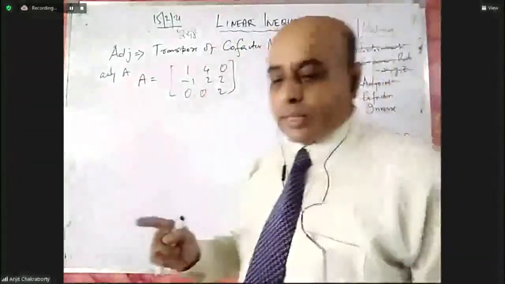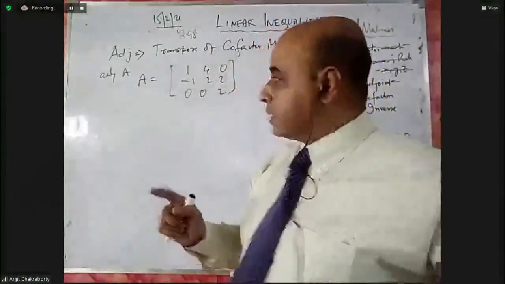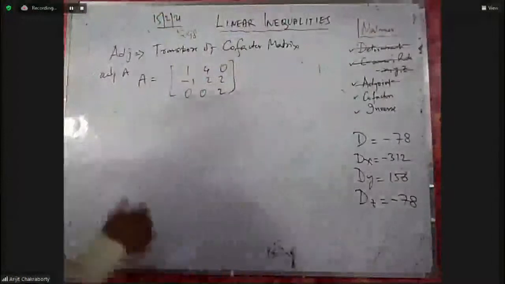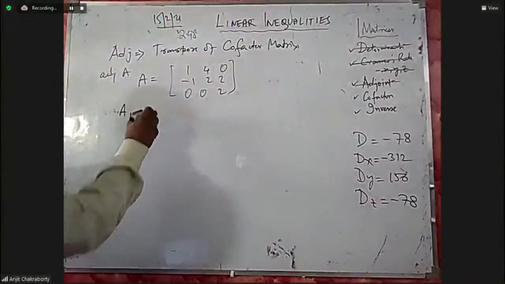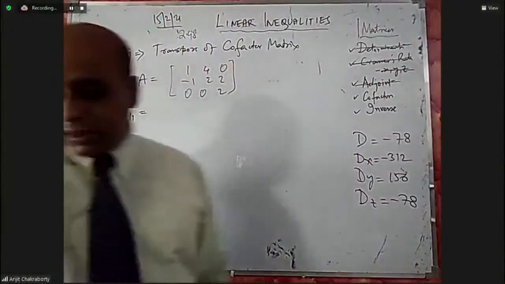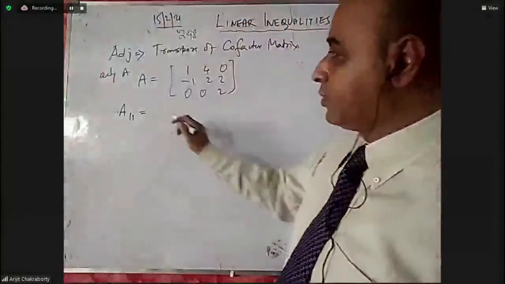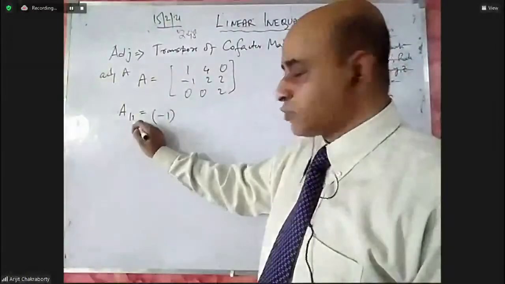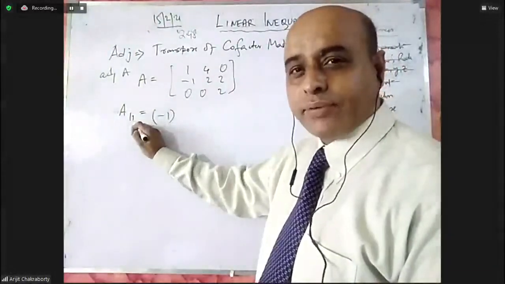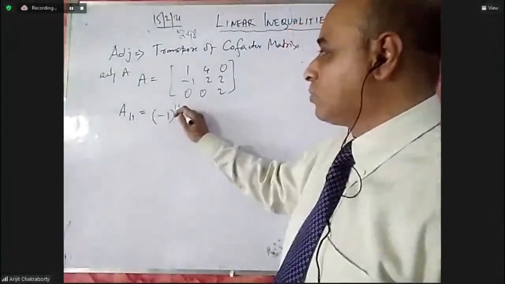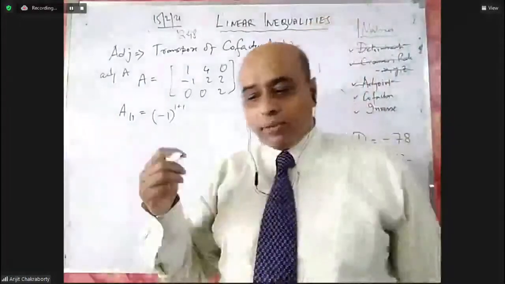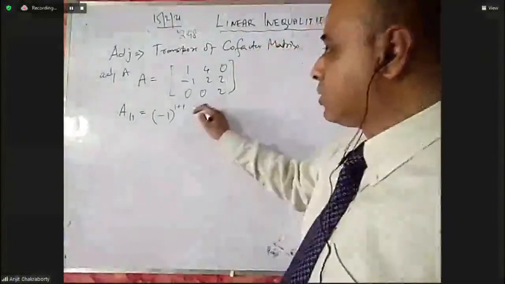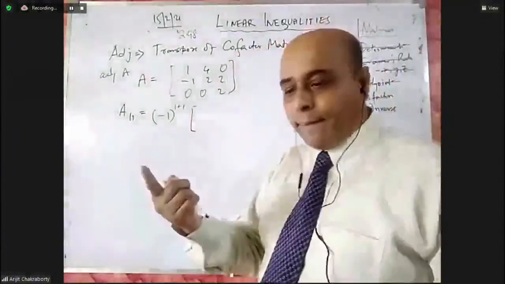Okay, so we will take the cofactors, and I will write the cofactors. A11. A11 means the calculation will be like this: minus 1 to the power 1 plus 1, because I'm taking cofactor 11. I will find the determinant of which one?